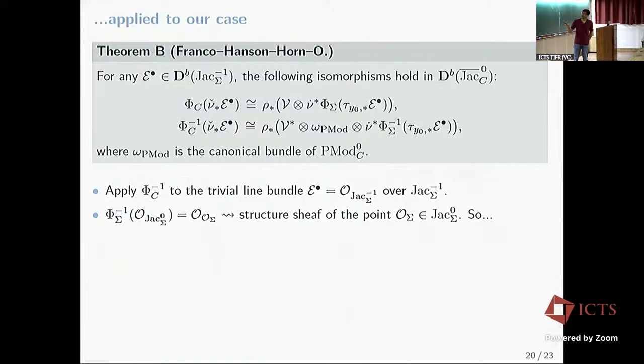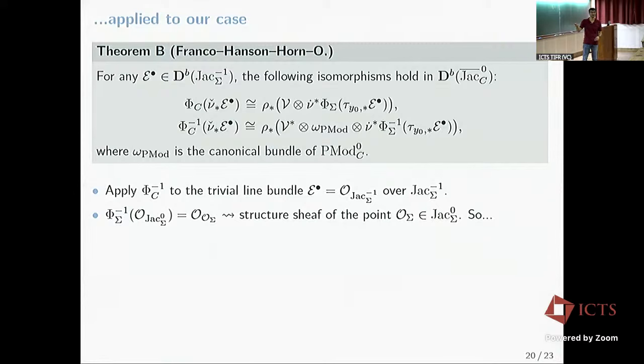First we have to take the push forward onto the Jacobian of degree 0, but this is trivial, so it's going to be trivial there. And the Fourier-Mukai transform of the trivial line bundle over the Jacobian is a torsion sheaf supported where? Supported at the point corresponding to the trivial bundle over the curve. So supported at 0 over the Jacobian.